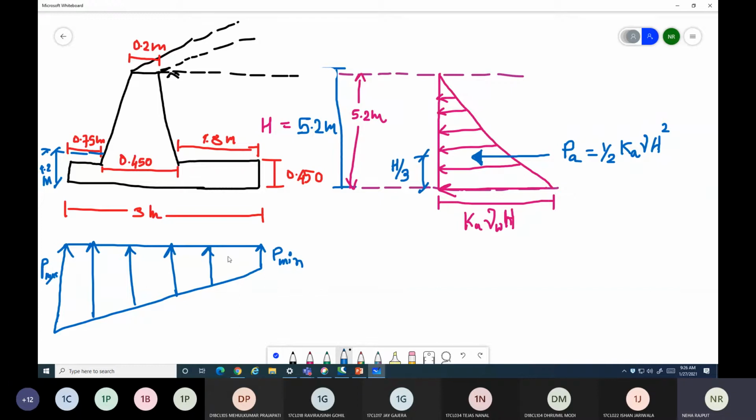Right. So this is known as uplift pressure diagram. We are going to find the pressure value. This is called the active pressure.